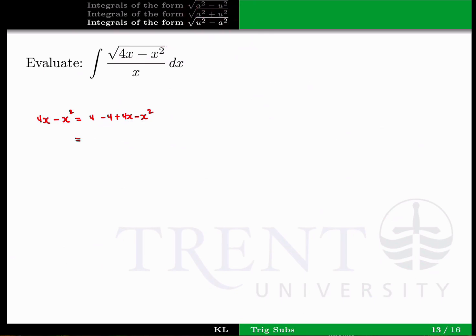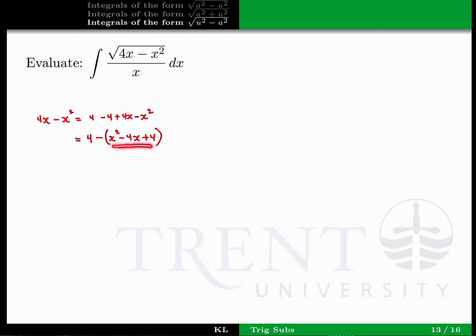If we manipulate this expression, we will have 4 minus quantity x squared minus 4x plus 4. So what I did was to factor out the negative from this expression. If you don't believe it, you can distribute the negative and you will end up with the original expression.